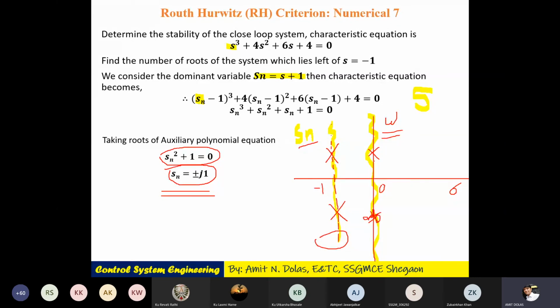So this is your wrong answer. Your shifted plane is Sn and it is at -1. So simply, this is the Sn plane, and here sigma is equal to 0 will be your S plane.